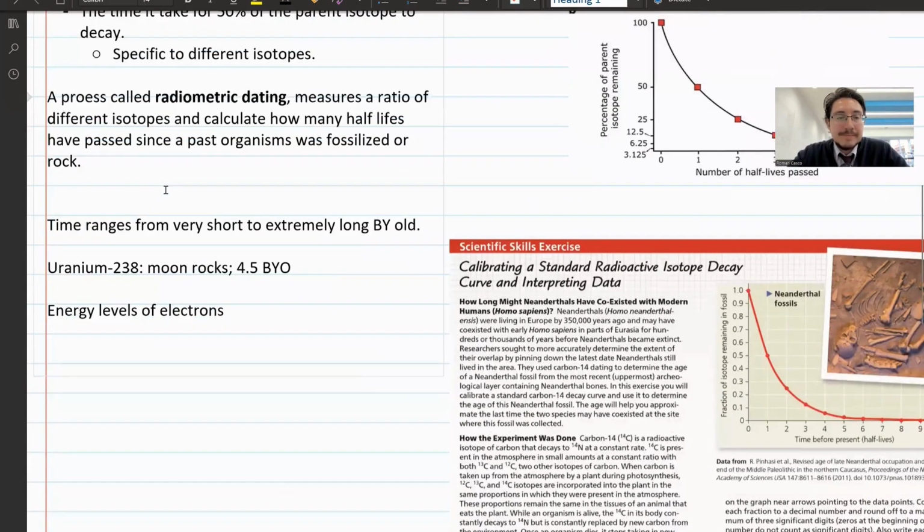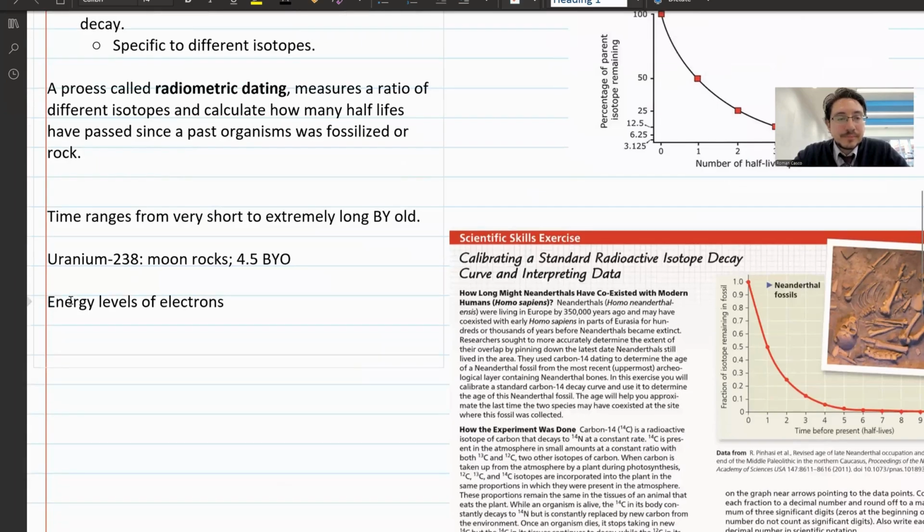Again, time ranges can vary between elements, and you can go from a couple of thousand years to millions of years, to billions even.